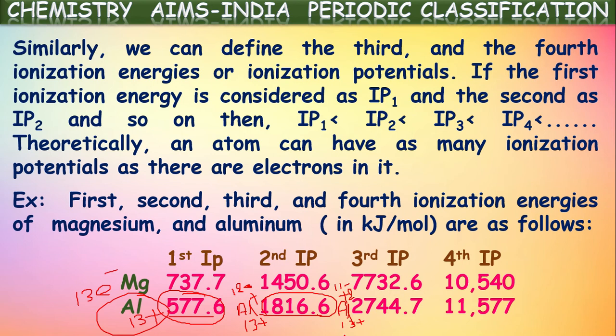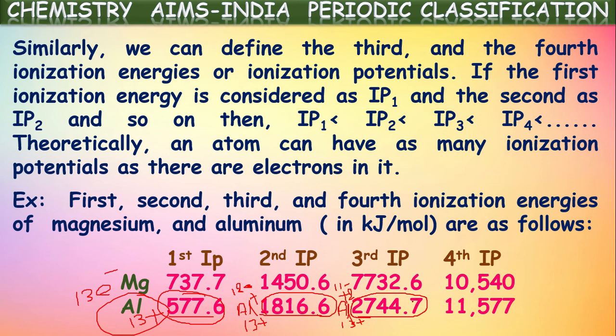The positive charge is much greater than the negative charge, so the remaining electrons are held by the nucleus much more strongly. So the removal of one more electron becomes much more difficult. For the removal of the third electron, this much energy must be supplied, which is much greater than the second.